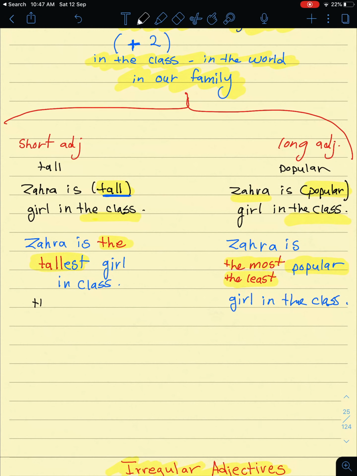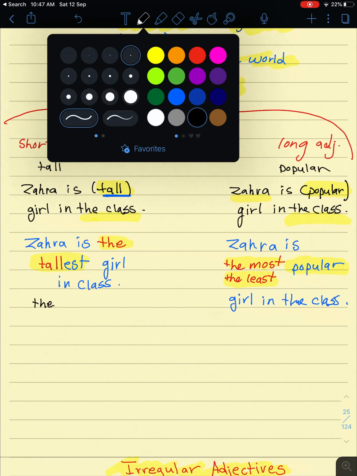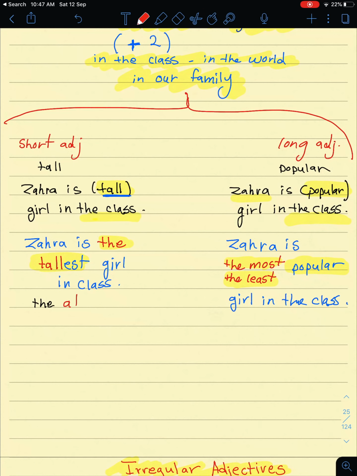I have to say the, then the adjective, then I'm going to add to the adjective "est". This is with the short adjective مع الصفات القصيرة.